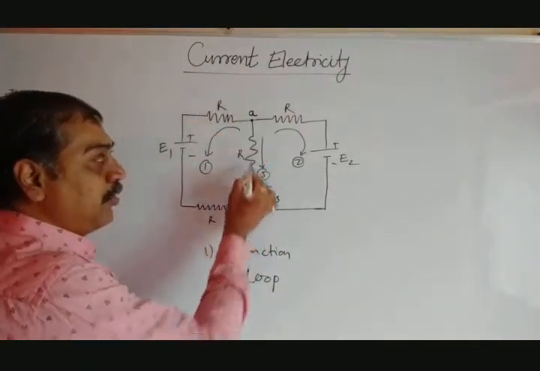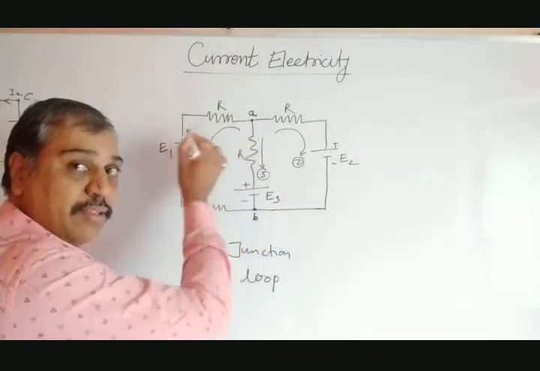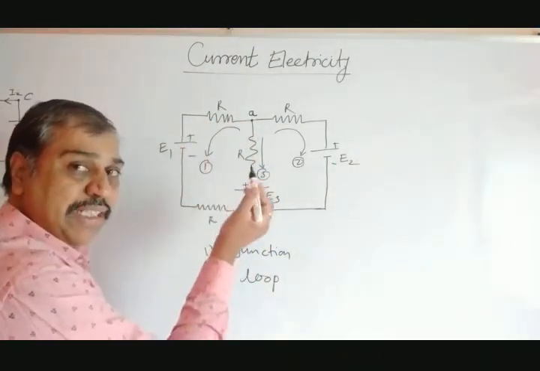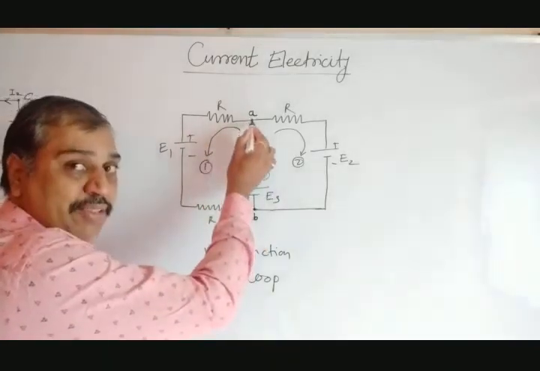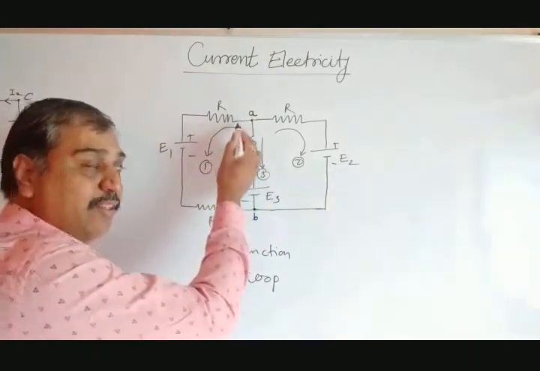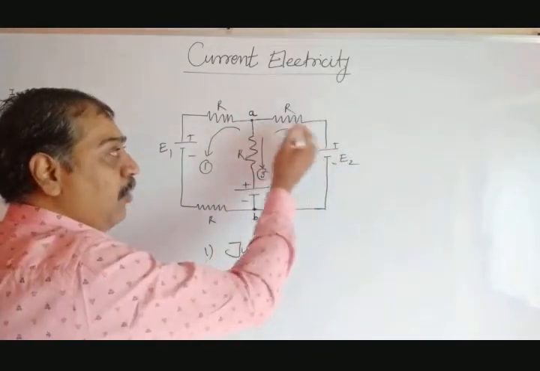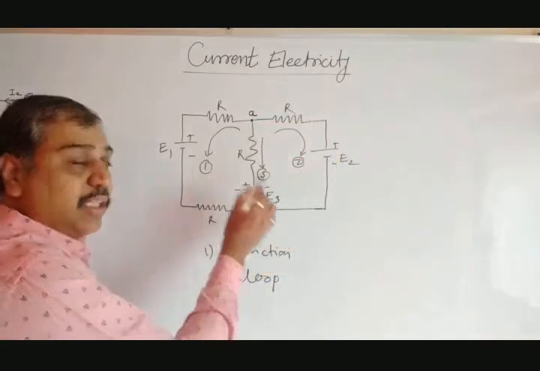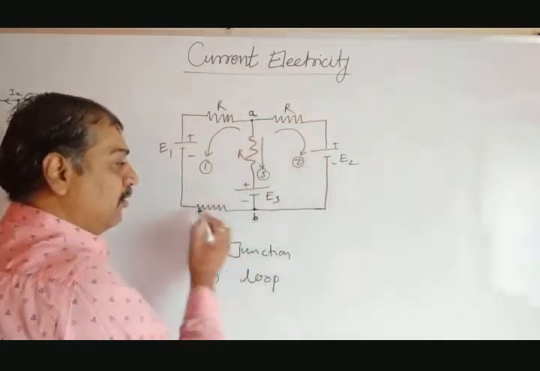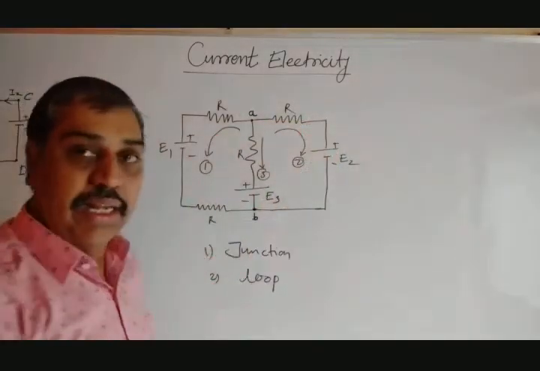So it is a closed loop, a complete circular loop, or a loop of any shape. Start from the same point and again come to the same point. This is one loop. This is another loop. You can go like this or you can come like this. And the third loop is a bigger one. So this is the closed loop in an electrical circuit.